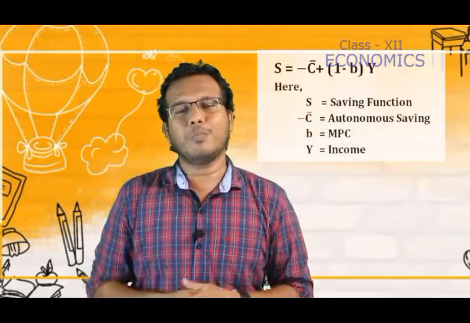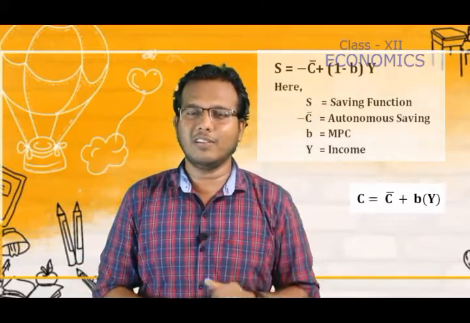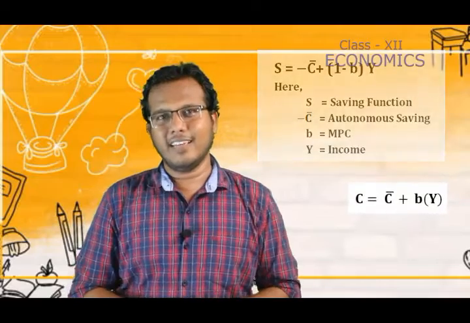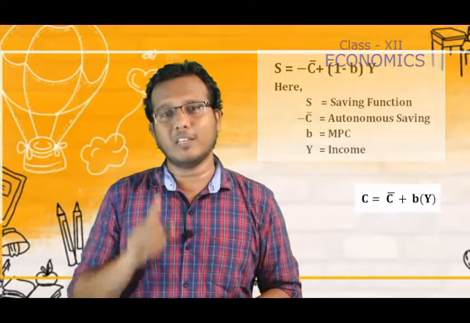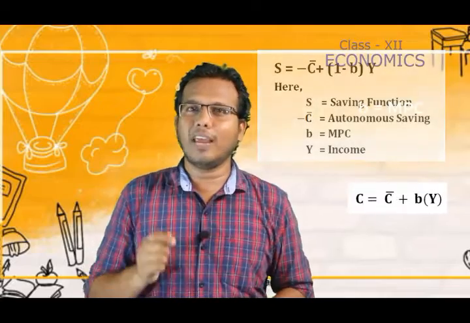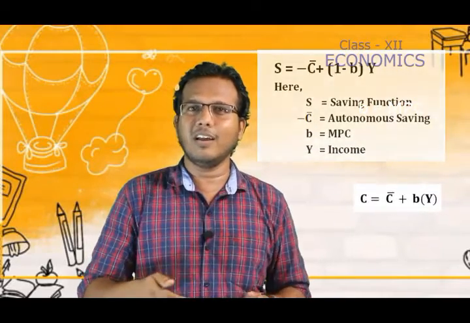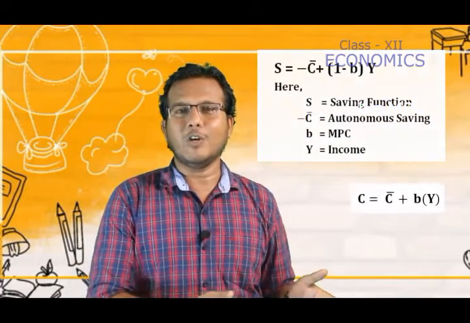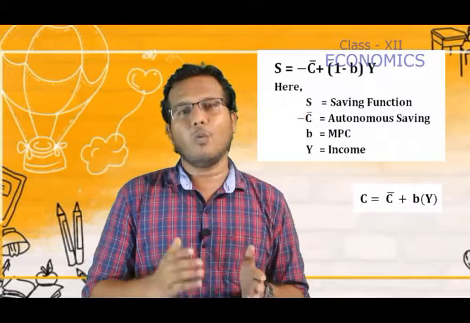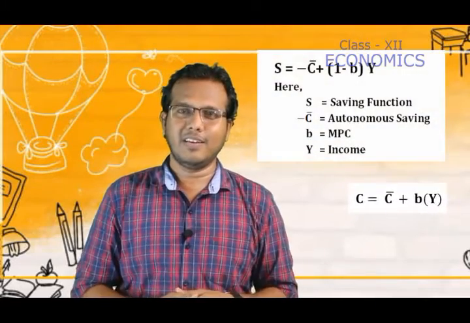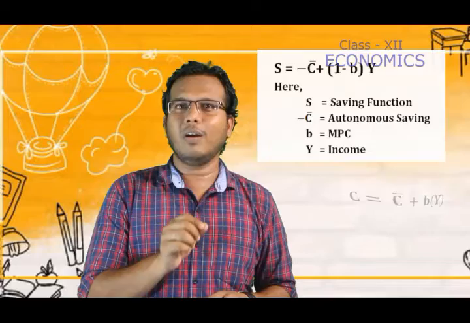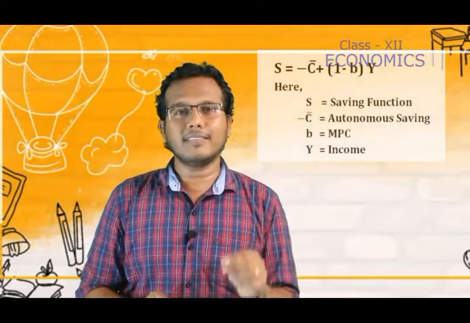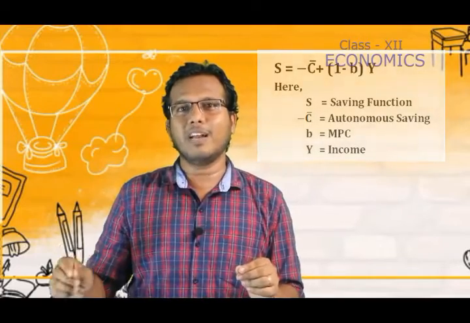When you recall the previous formula for finding the C function, that is C equal to C bar plus B into Y, here the value of B stands for MPC. What we are getting in the S function formula is S equal to minus C bar plus 1 minus B into Y. In the C function we added the value of C bar, that is autonomous consumption, with the MPC multiplied with income.